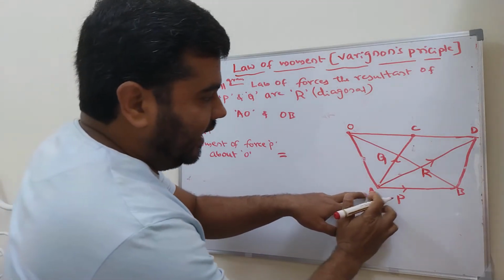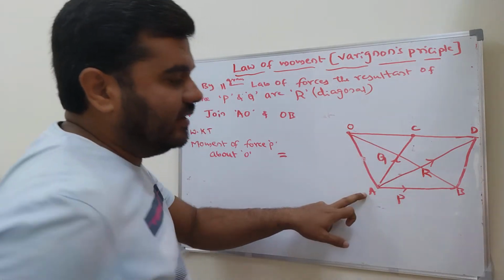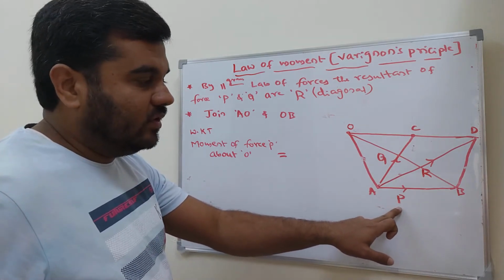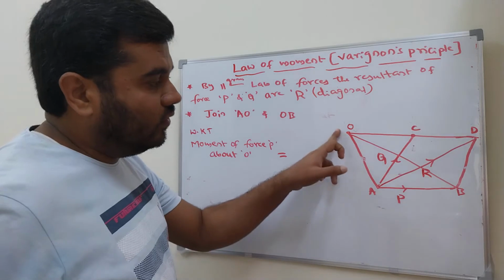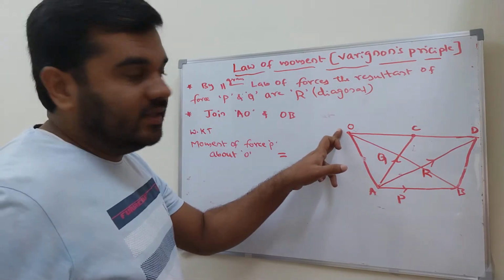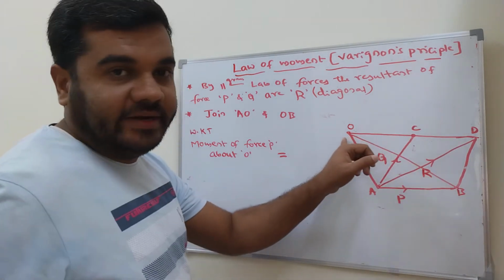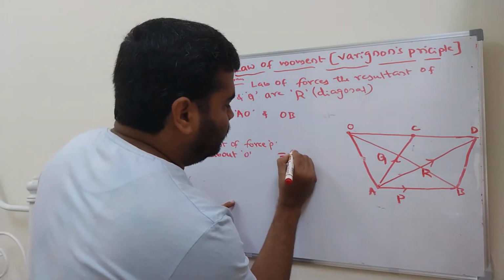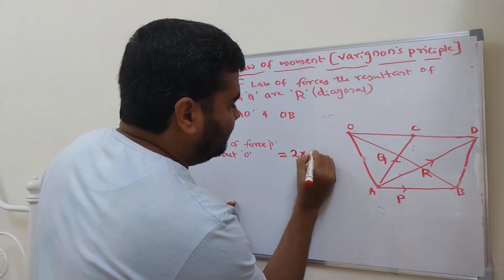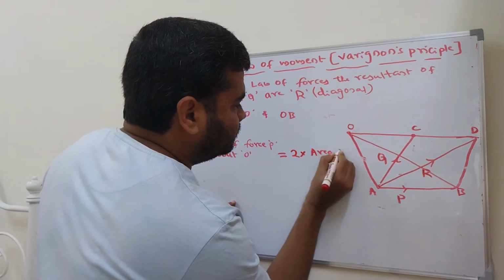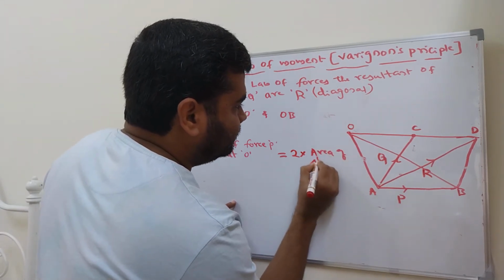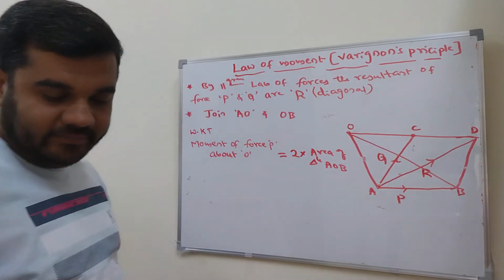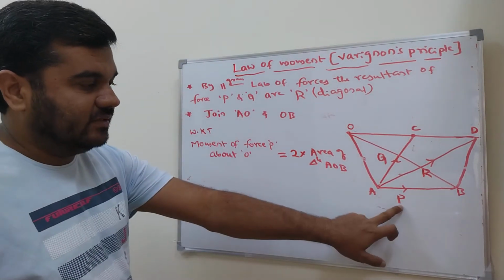You have ABO, a triangle, and P is the force here. So the moment of this force P about O is 2 times the area of triangle ABO, that is, 2 times the area of triangle AOB, right? Did you agree? Okay. Now this is force P.